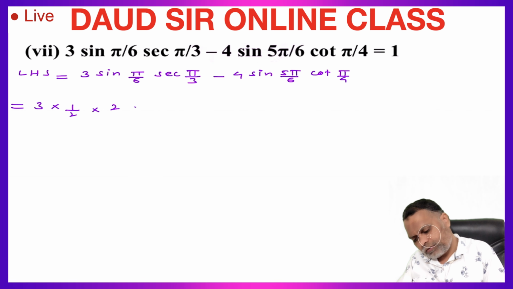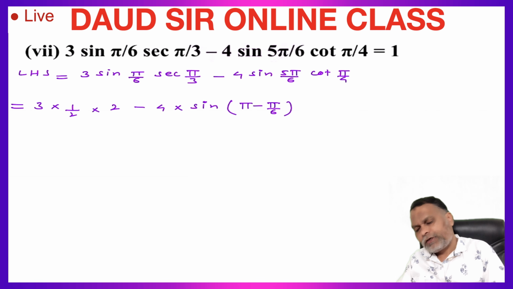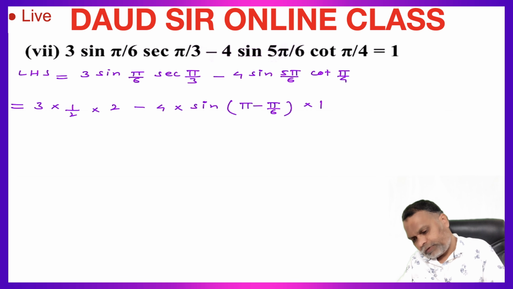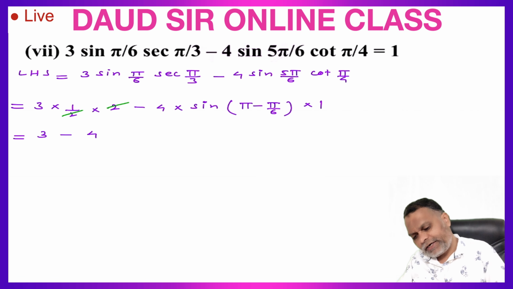2 upon 1 or 2 minus 4 sin 5 pi by 6, which can be written as pi minus pi by 6. 6 pi minus pi, 5 pi by 6. Cot 45, the value of cot 45 is 1. This 2 cancelled. 3 minus 4 into sin 180 minus theta.